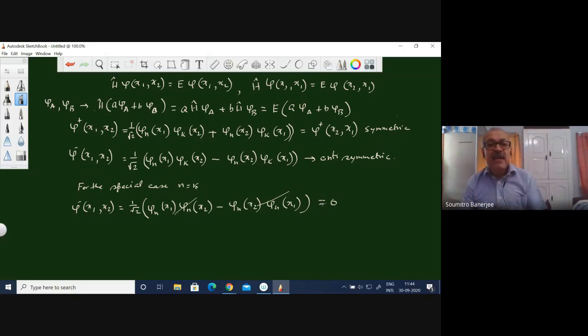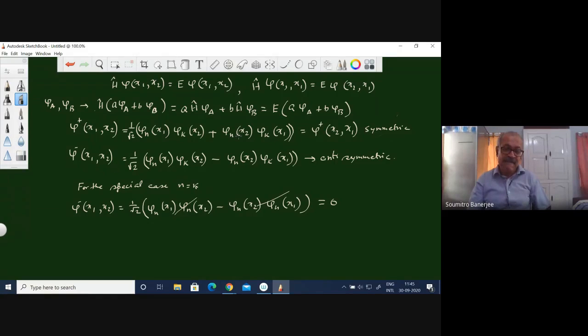Now this, if I express in words, can be said like this: it is impossible to construct an antisymmetric eigenfunction for particles in the same state. Where two particles are in the same state, n is equal to k means both are in the same spatial state, then it is impossible to construct an antisymmetric eigenfunction, but it's possible to construct a symmetric eigenfunction. There's no problem with it.